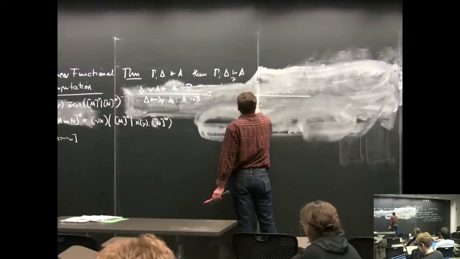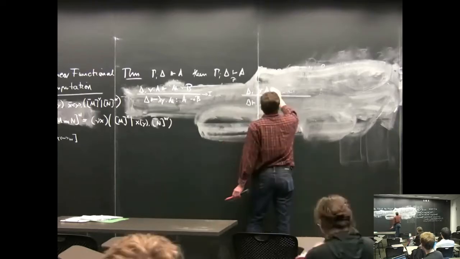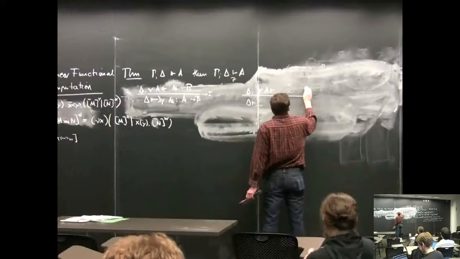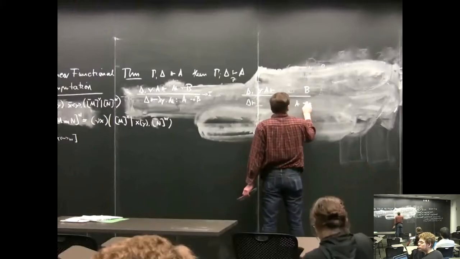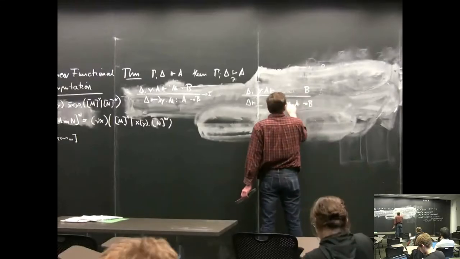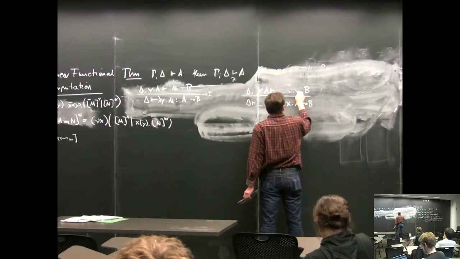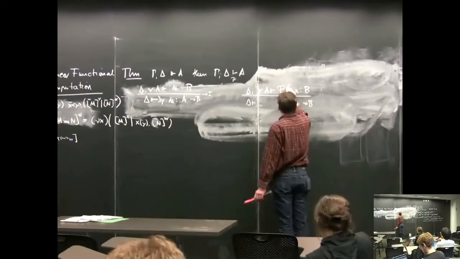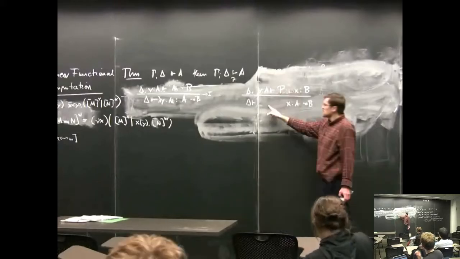So in delta, and delta, y colon A. And then here we have B, here we have A arrow B, and let's do it with respect to x. So we have some process P here. And what's the process here?